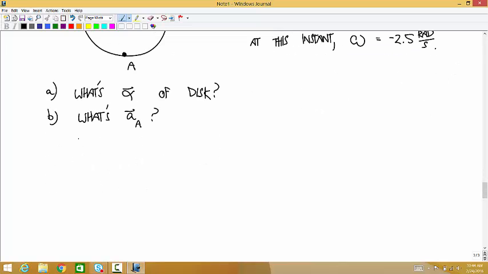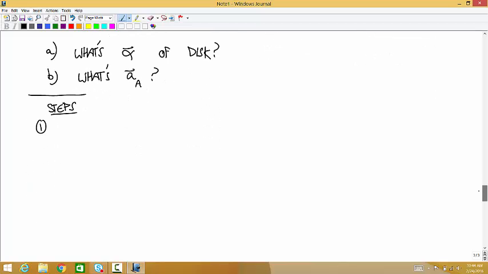So I would go through the steps on this. Is there a fixed point? Yeah.